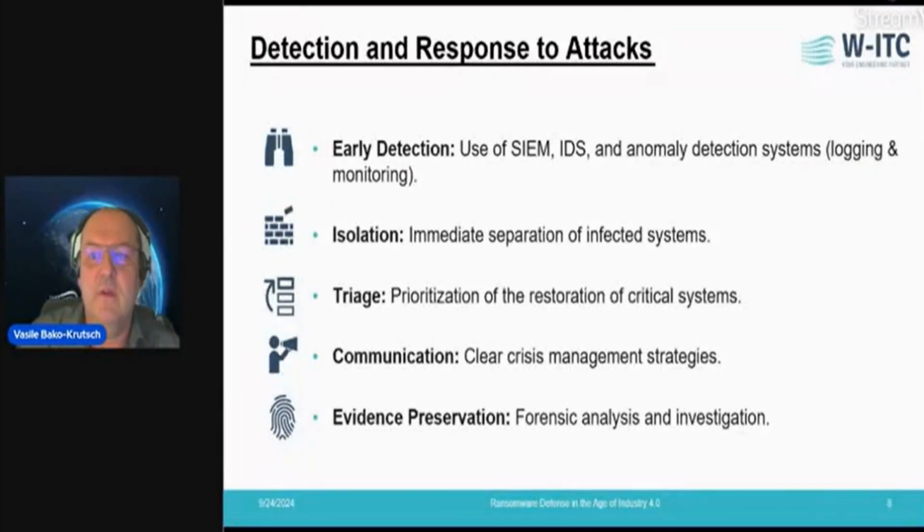A fifth step in detection and response to an attack is the forensic analysis and evidence preservation. If an attack occurred, during the response to this ransomware attack, all relevant evidence must be secured to determine the cause of the attack and provide for possible legal actions.